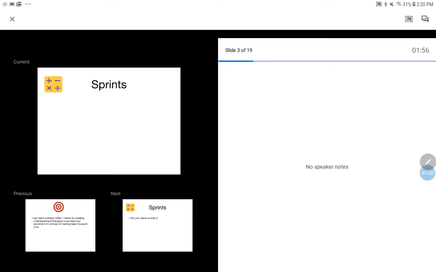Put your name and A on the back of Sprint A so that you know which one to flip first. This one is A. Alright, 30 seconds and we're starting.